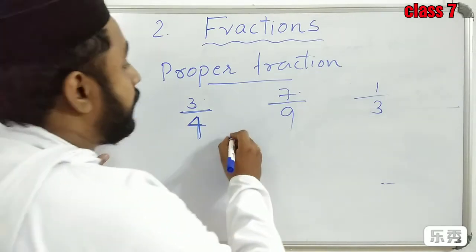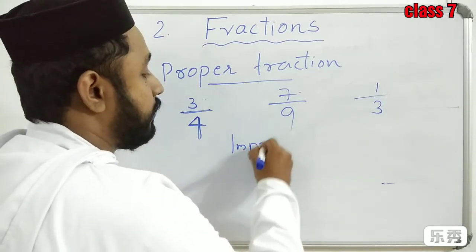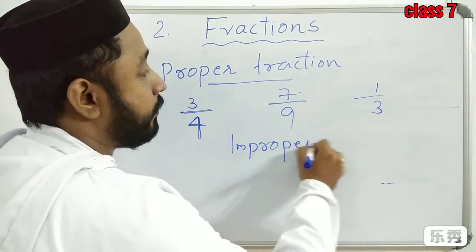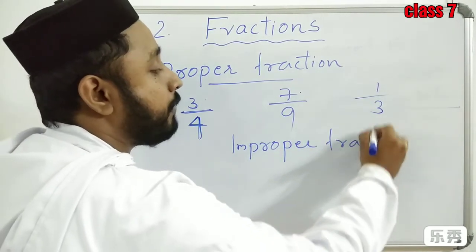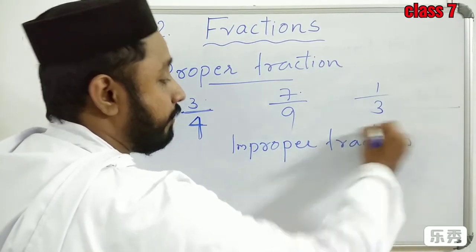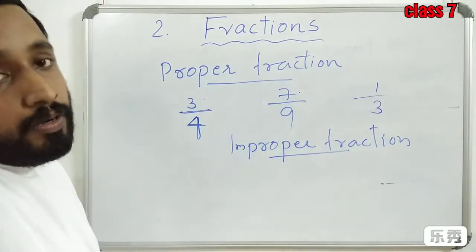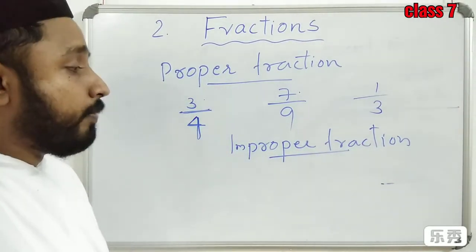Next one is the improper fraction, just the opposite of a proper fraction. What do you mean by an improper fraction? When the numerator is bigger than the denominator, we call it an improper fraction.